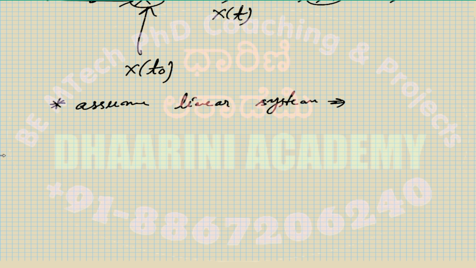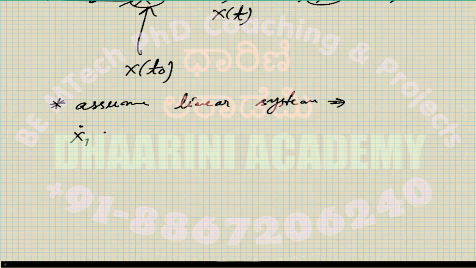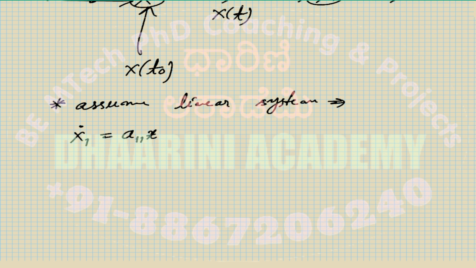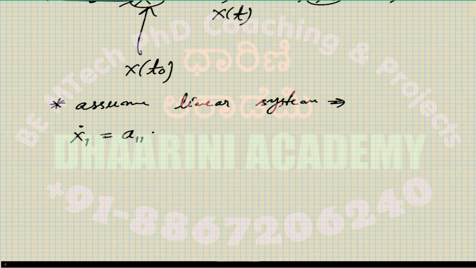So I'll write x1 dot is equal to, it's a linear combination, A11 x1 plus a12 x2 plus, how many values of x do we have? We have n values, so this is a1n into xn. After that we'll start with the u values, the inputs.